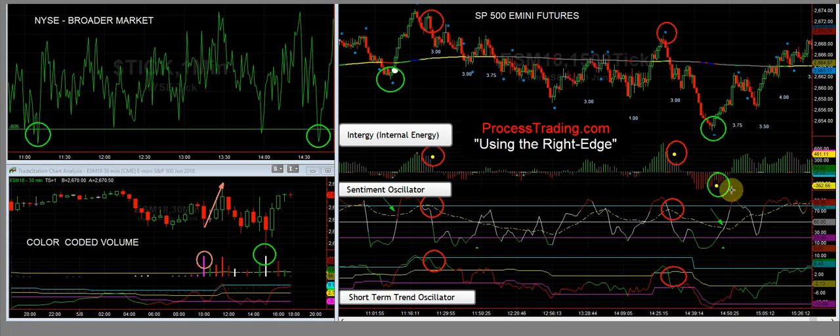We see in the discretionary indicators, and this is right on the S&P E-mini, right where this showed the oversold area on the broader market, and here is the price bar action on the S&P E-mini. When you look at the discretionary indicators, again, we see a trending dot indicator, so we're expecting this trend to the upside to occur.